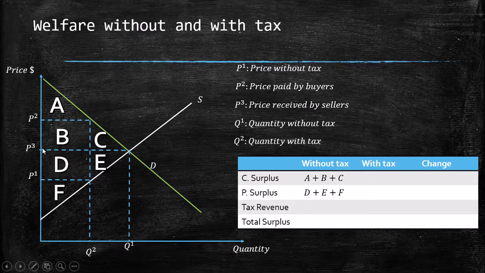So for this reason there is a producer surplus of D, E, and F. So we have D plus E plus F. This is the producer surplus.